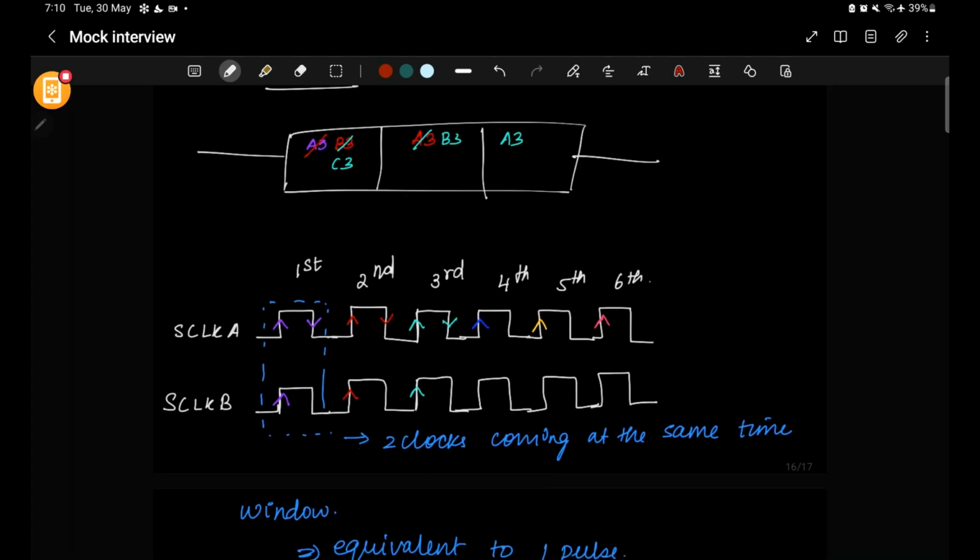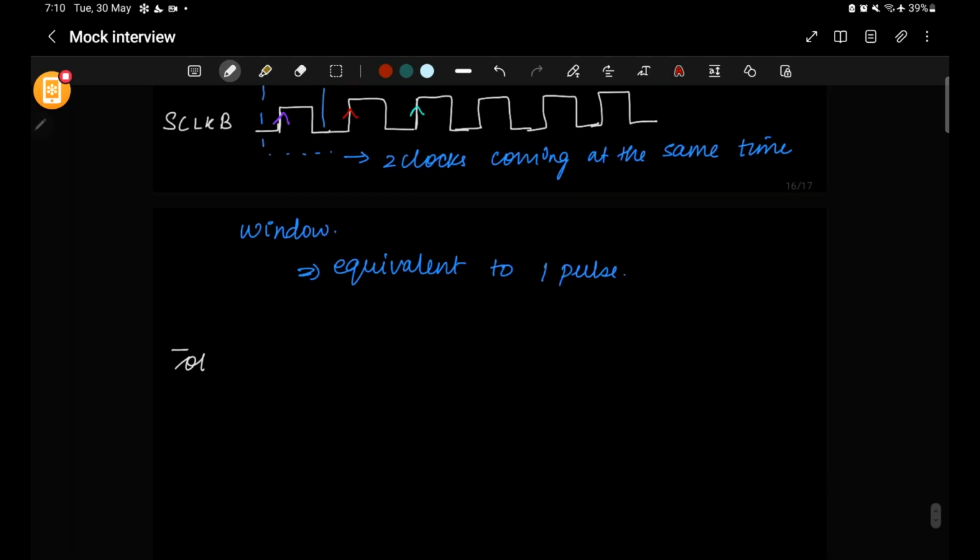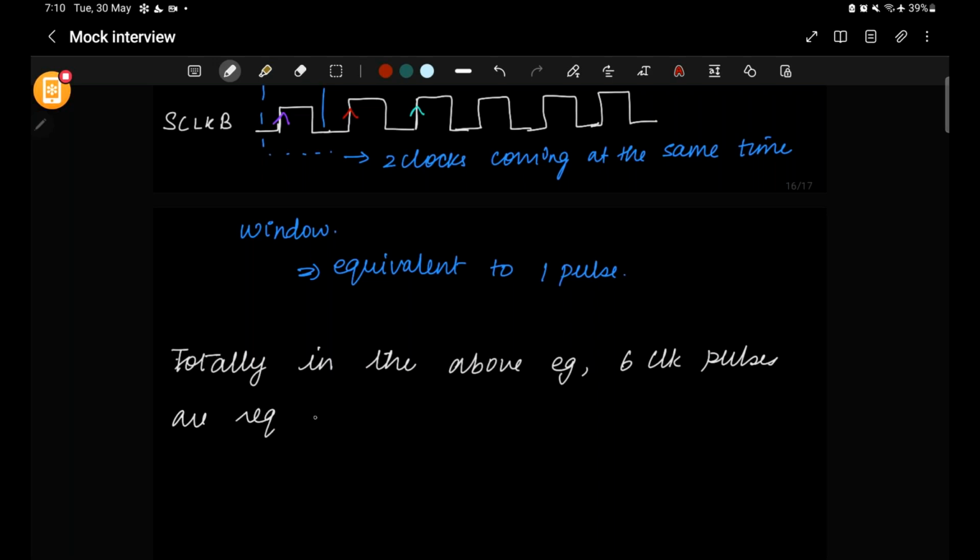So here what is happening is, totally in the above example, we require 6 clock pulses, as shifting is done parallelly for all scan chains.